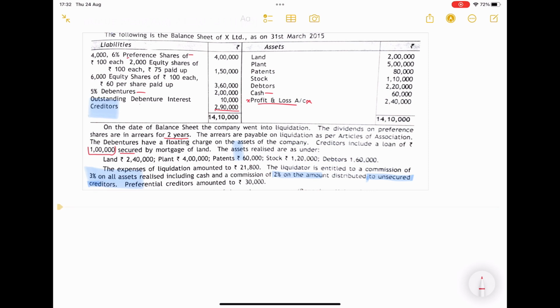Calculation of the value of unsecured creditors. Let us first calculate the working note.